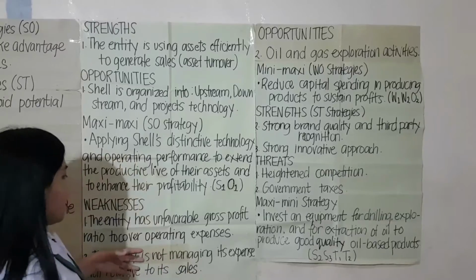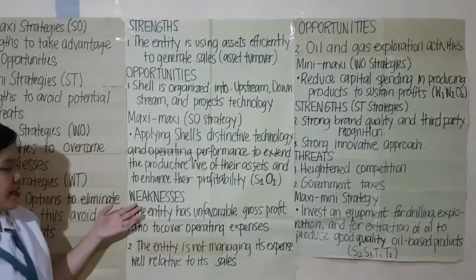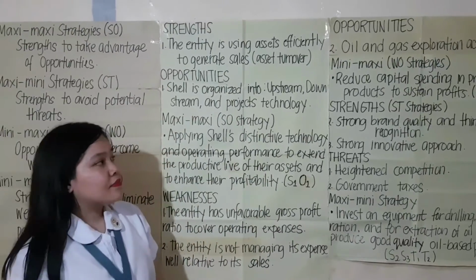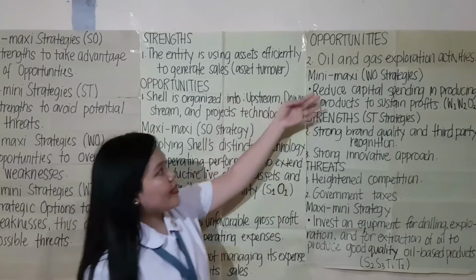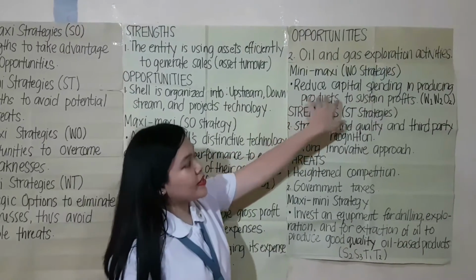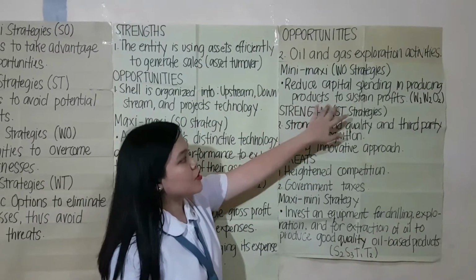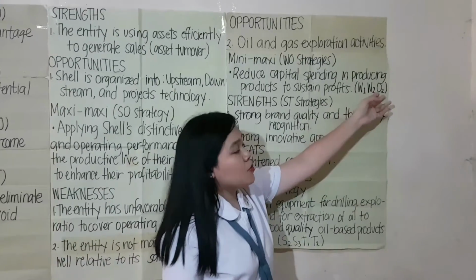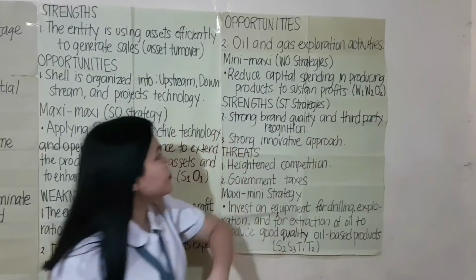So having these findings of weaknesses and opportunity, the analyst formulated the mini-maxi strategy: reduce capital spending in producing products to sustain profits. W1, W2, and the O2.